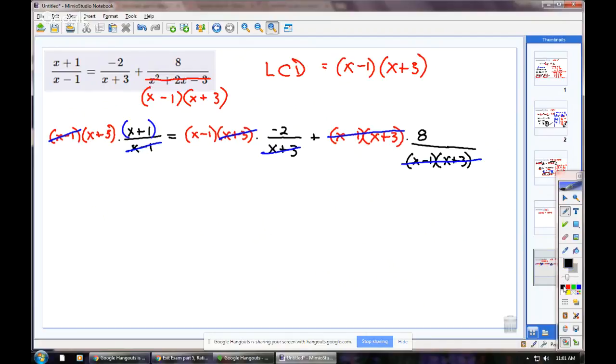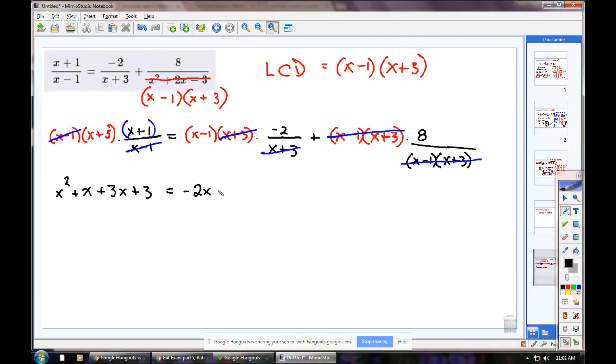So cleaning up what's left, I have to multiply x plus 3 times x plus 1. And that's going to give me x squared plus x plus 3x plus 3 equals x minus 1 times negative 2. That would be a negative 2x.